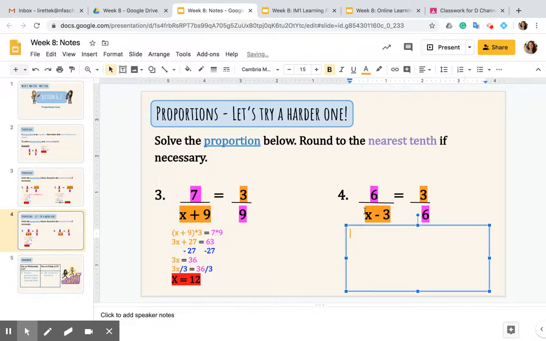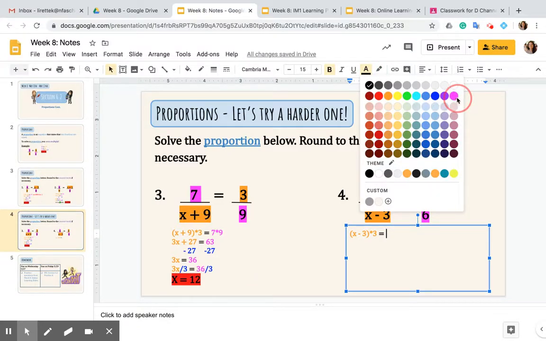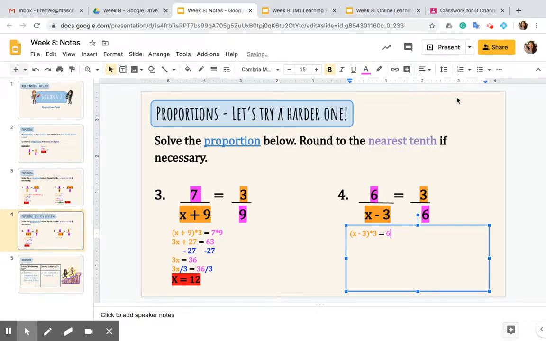And the part that contains the x needs to go in parentheses because of the minus sign here. And it's going to get multiplied with 3. This is going to equal my other cross product, which is going to contain 6 times 6.